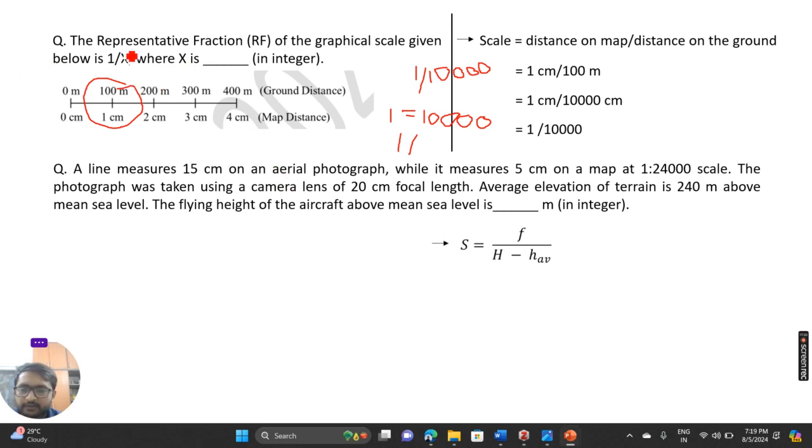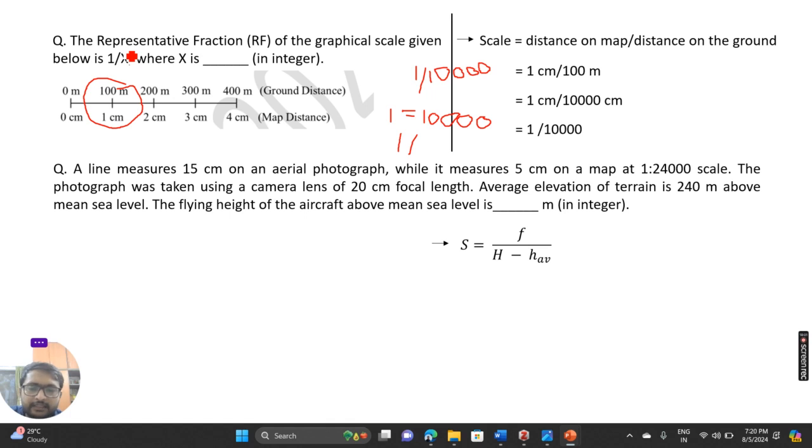Okay, everyone is okay with this formula? So now we have focal length which is 20 centimeter, then flying height capital H we have to find, average elevation we have 240, but do we have scale?